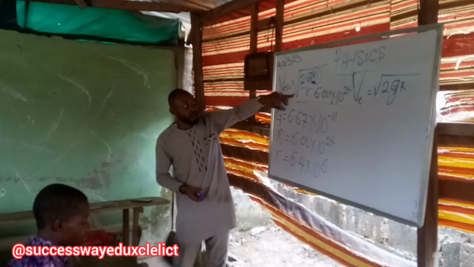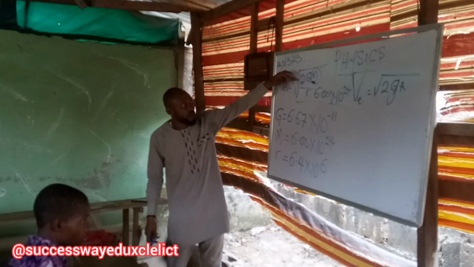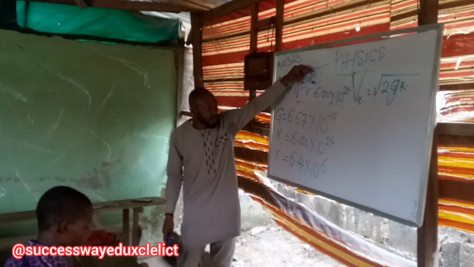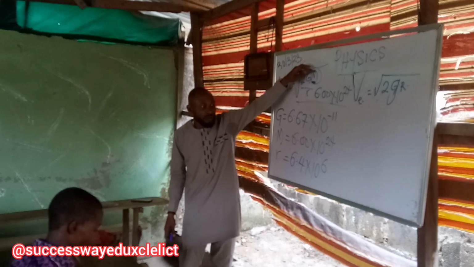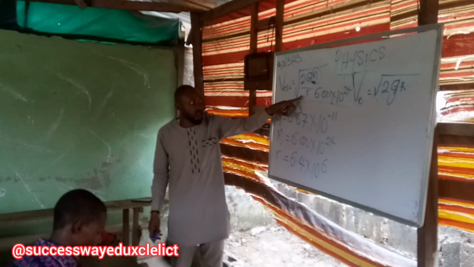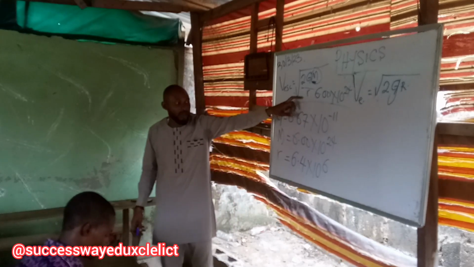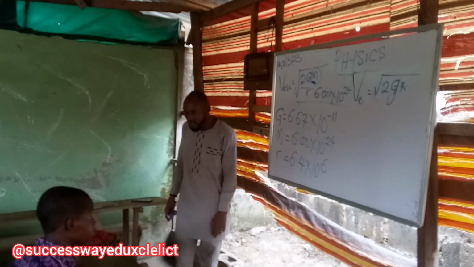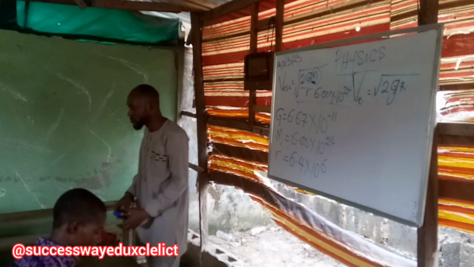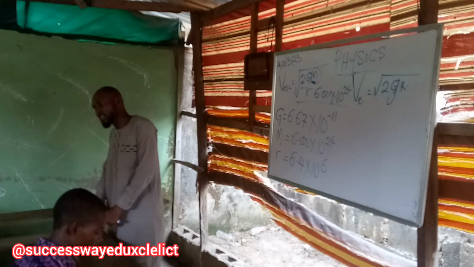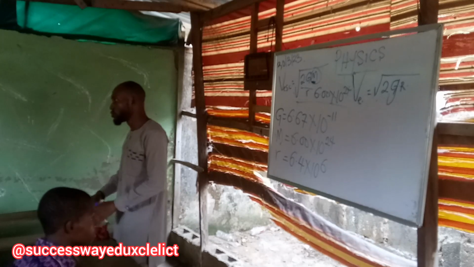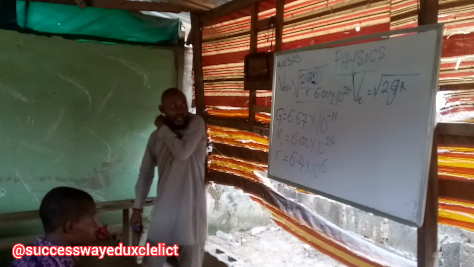So it's going to be the square root of 2 times 6.67 times 10 raised to the power minus 11 times 6.0 times 10 raised to the power 24, divided by 6.4 times 10 raised to the power 6, which happens to be the radius given to us from the question. So irrespective of the formula you use, you should be able to arrive at a similar answer.